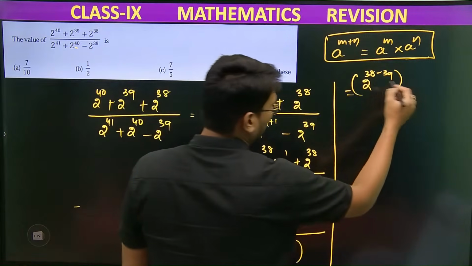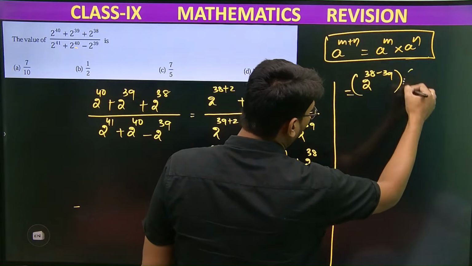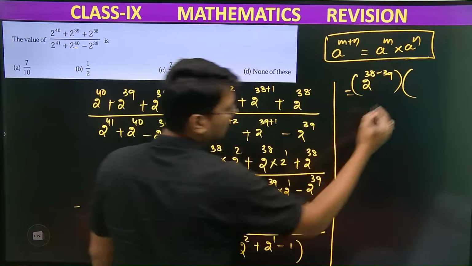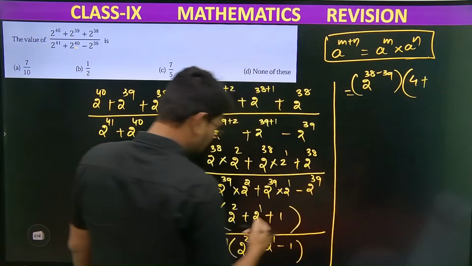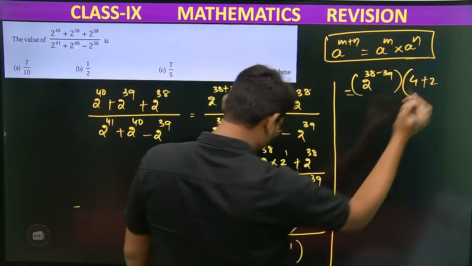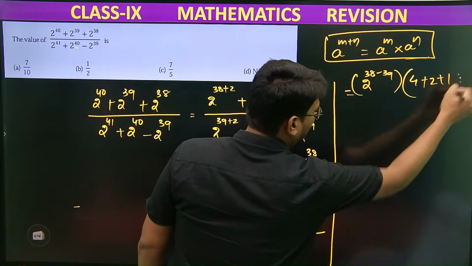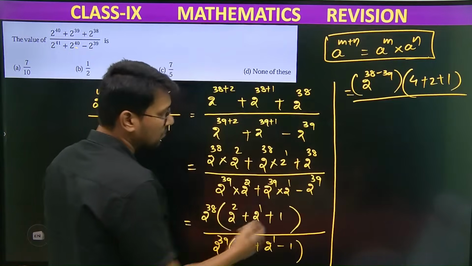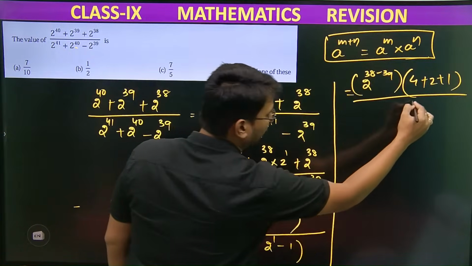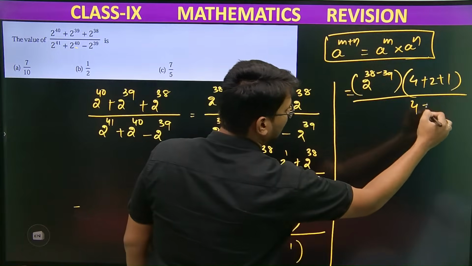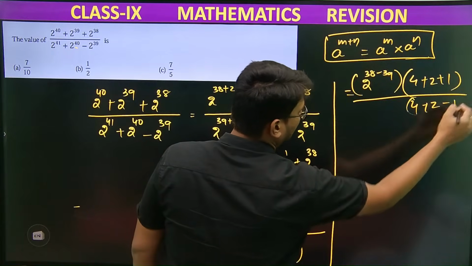Now children, check. This is the numerator. What is left? 2 to the power 2, meaning what? 4, plus 2 to the power 1, meaning 2, plus 1. Yes or no? Whole divided by how much? 2 to the power 2 is 4 and 2 to the power 1 is 2, minus 1.